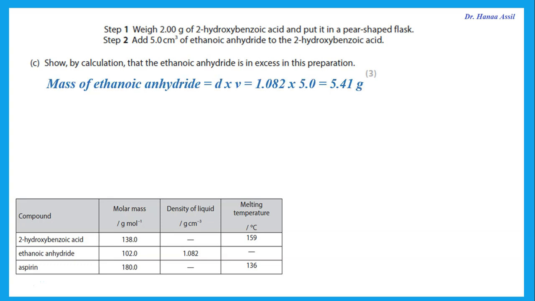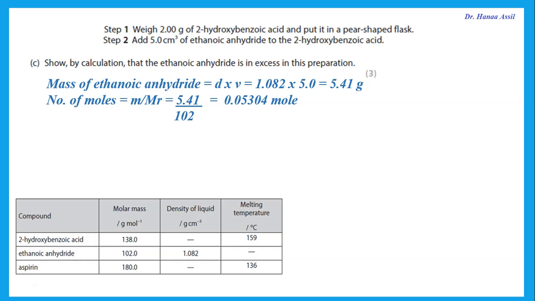So let's say, for example, the ethanoic anhydride, we are given the volume, and in the table we're given the density. So I can get from density times volume, I get the mass. And then I can use that to get the number of moles of ethanoic anhydride, mass over molecular mass, which is also given in the table. And this is the number of moles.